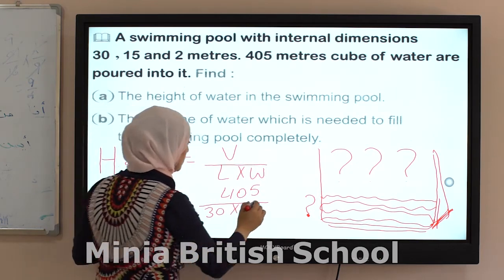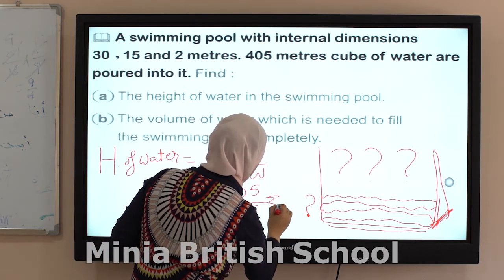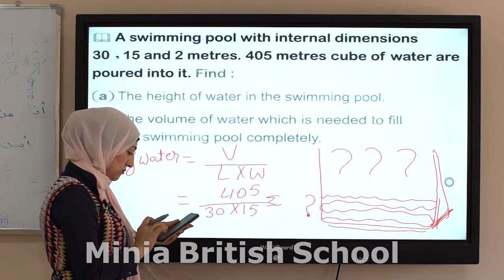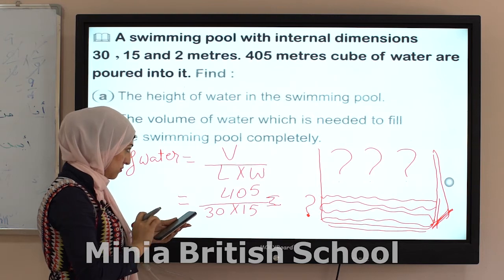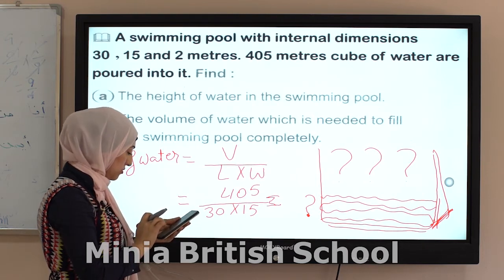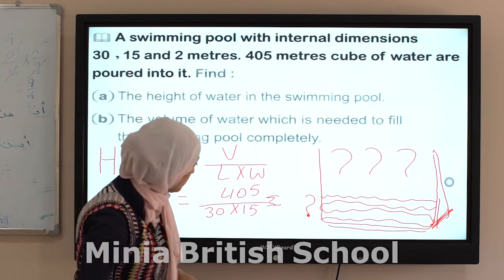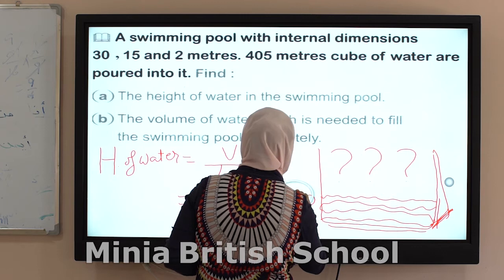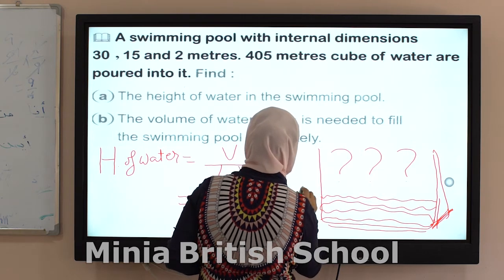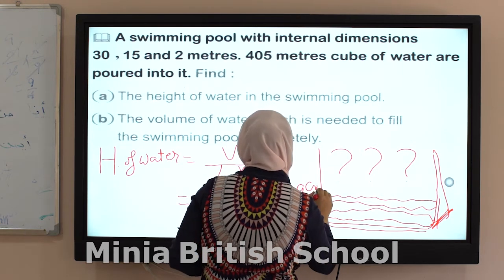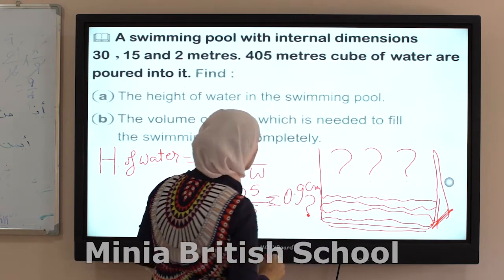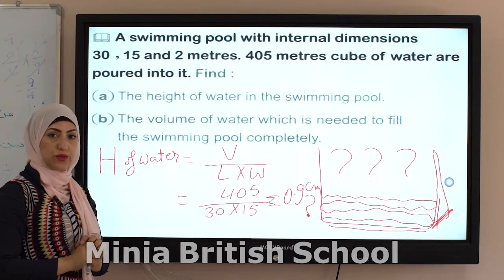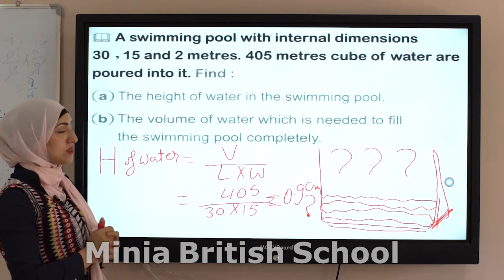Okay, so that means equals 0.9 centimeter, 0.9 centimeter only, because this is the height. Okay, so now I calculated the height.